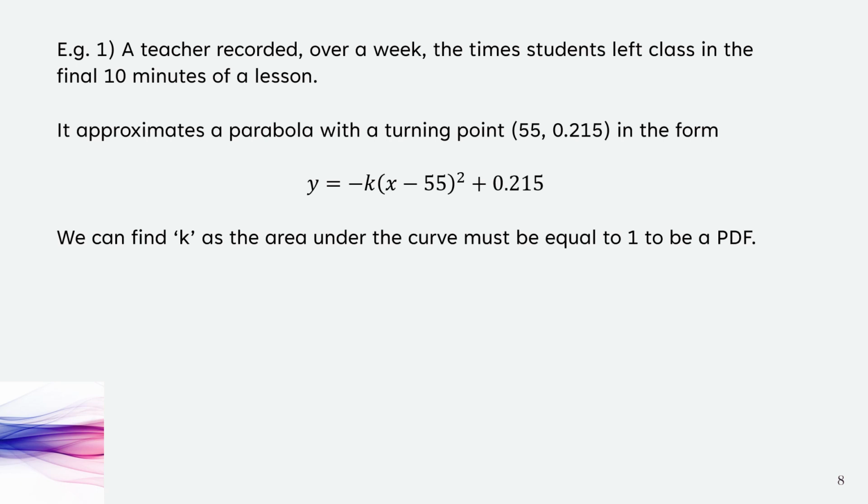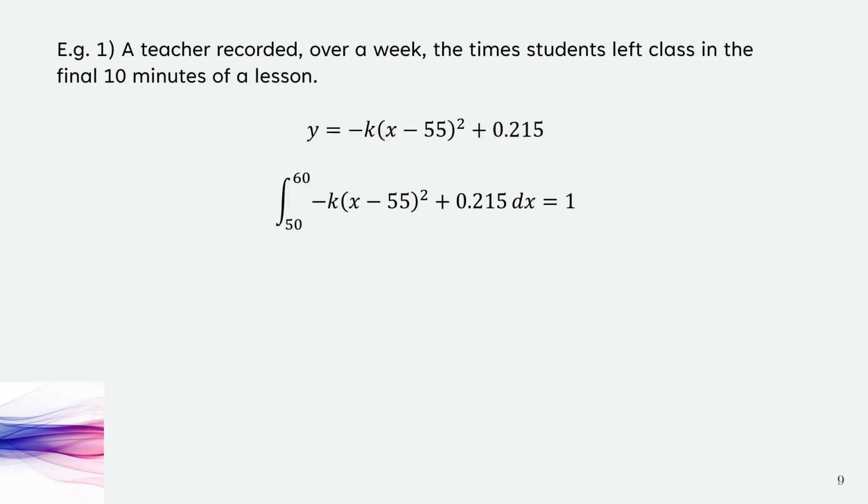Since the area under the curve must equal 1 to be a PDF, we can integrate and let it equal 1 to find the value of k. Our table, if you remember, went from 50 to 60. So we do the integral from 50 to 60 of that equation that we formed and let it equal 1.